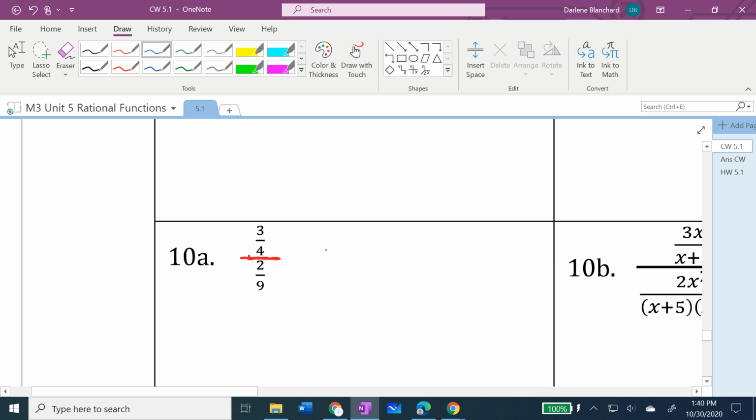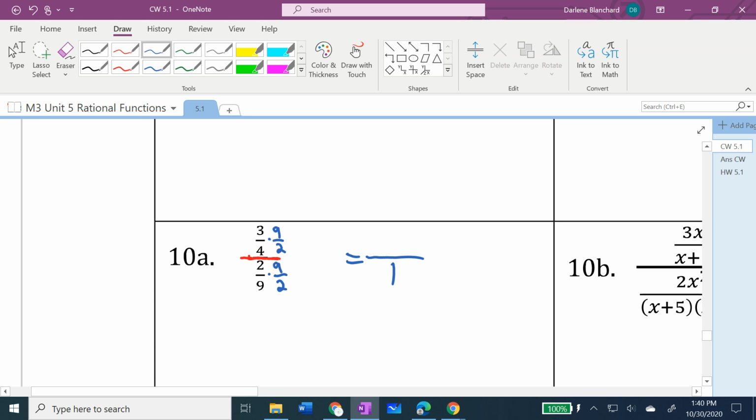I want the denominator to be just a 1. To do that, I multiply by the reciprocal of the denominator, but I can't just multiply one side of the fraction. I have to multiply the other side of the fraction.